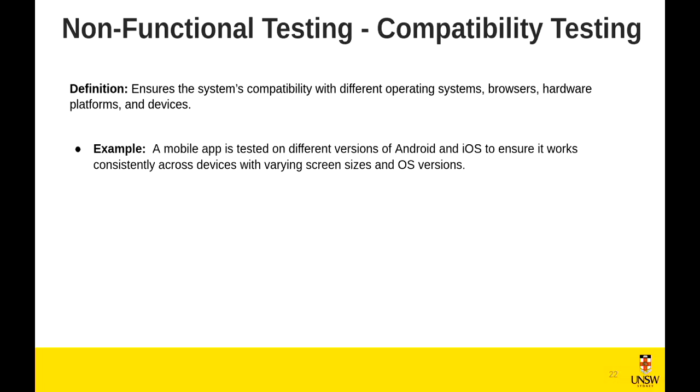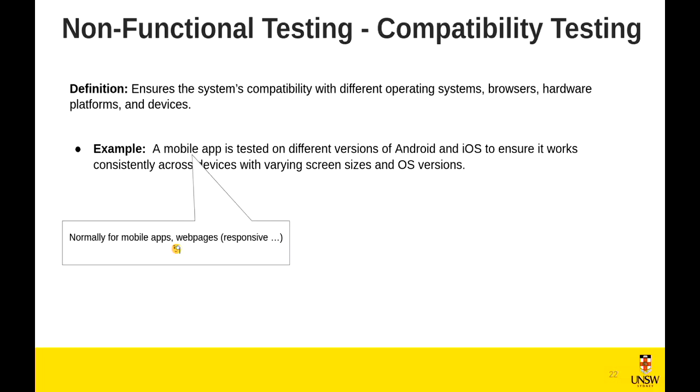An example here is we could test a mobile app, because normally mobile apps have two different versions. One is on Android, the other one is on iOS. So we can test whether this mobile app is compatible on different devices or not.